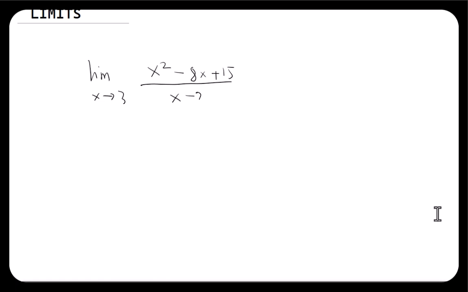Over x minus 3. Now this is going to give us the limit as x approaches 3 of. Now there are 2 things we must consider over here. The first number over here, 15, and then the second number over here, negative 8.